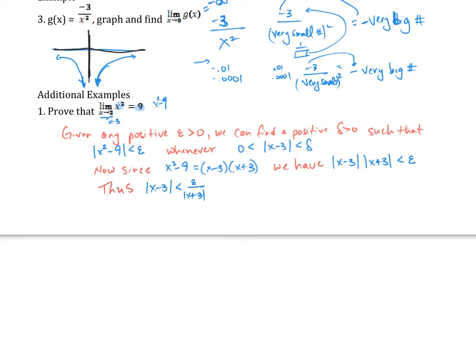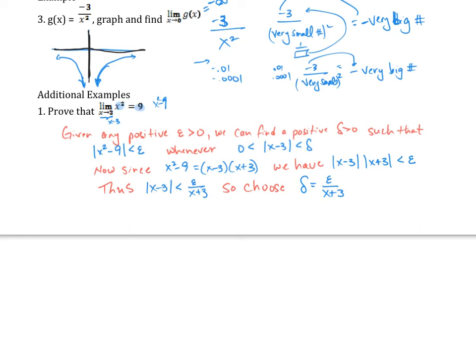So on this one, I can drop these absolute values right there and right there. Let me just rewrite it. In fact, I can drop them on all of them. But we'll leave it right now. So choose delta to be epsilon over x plus 3.